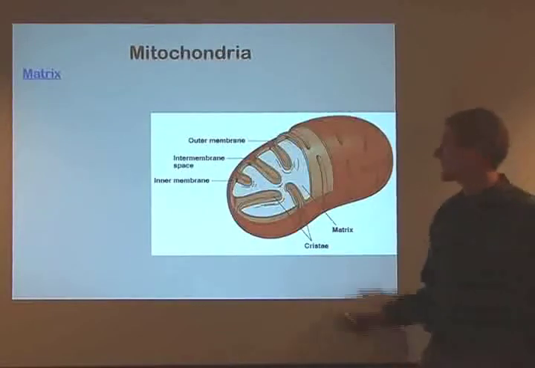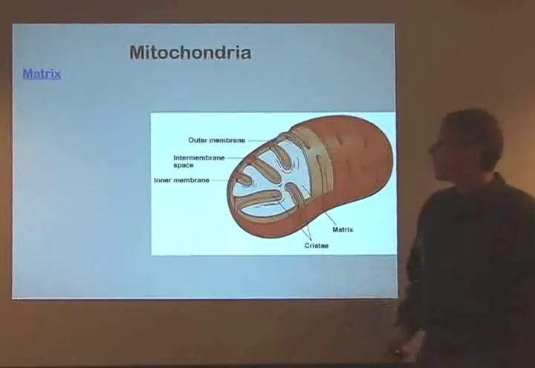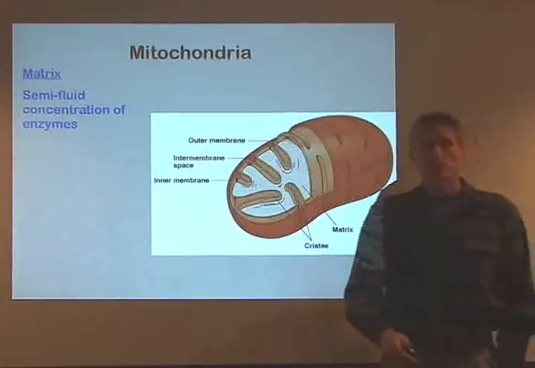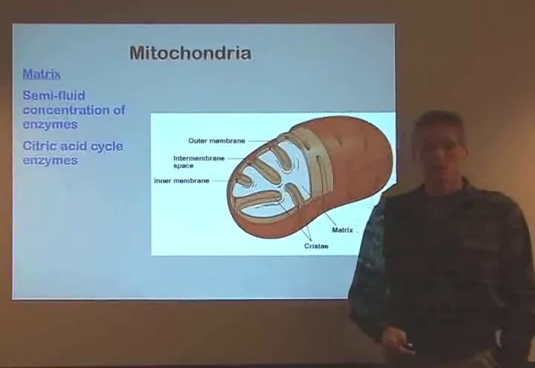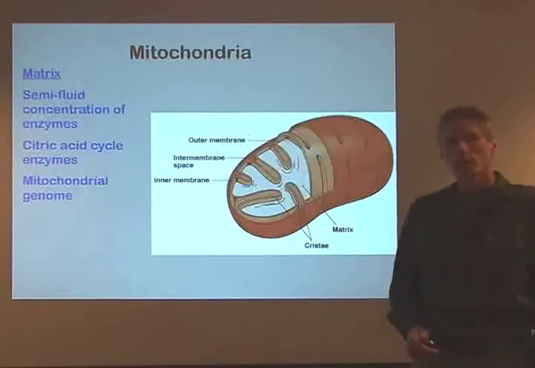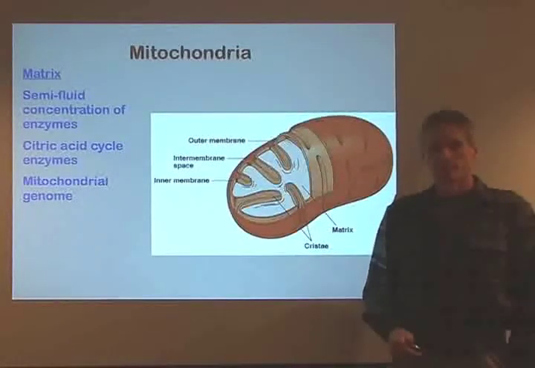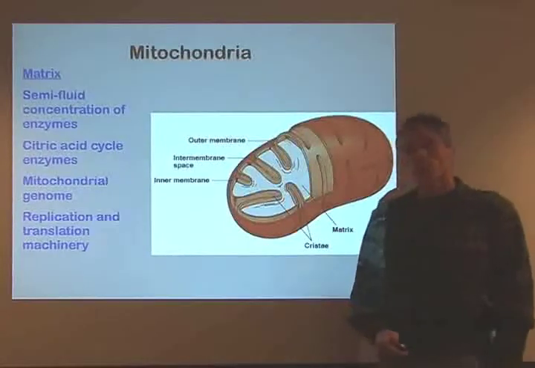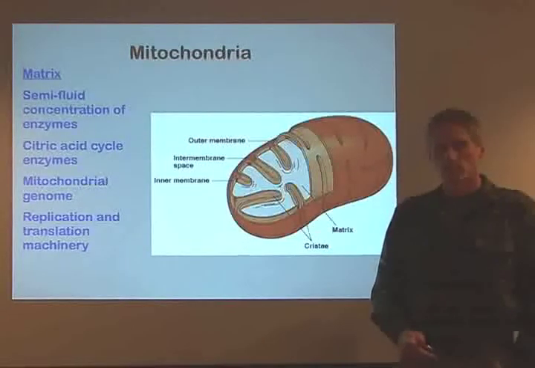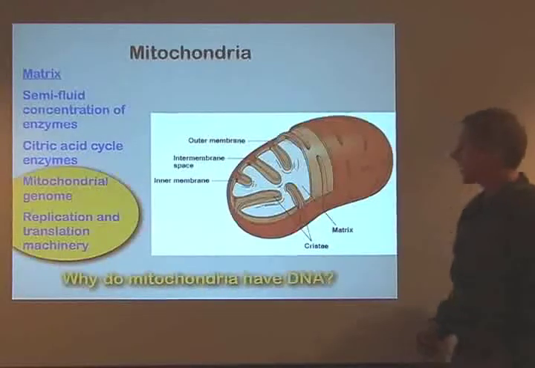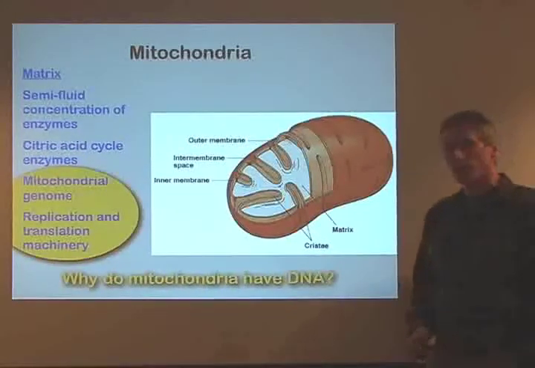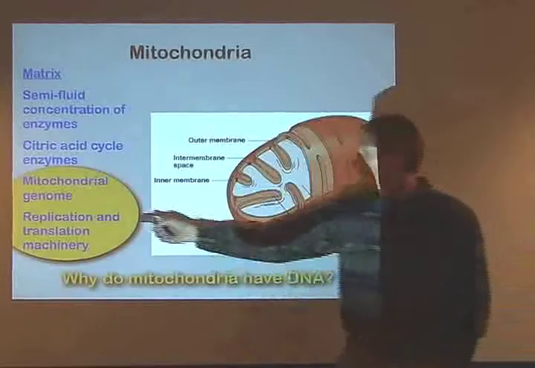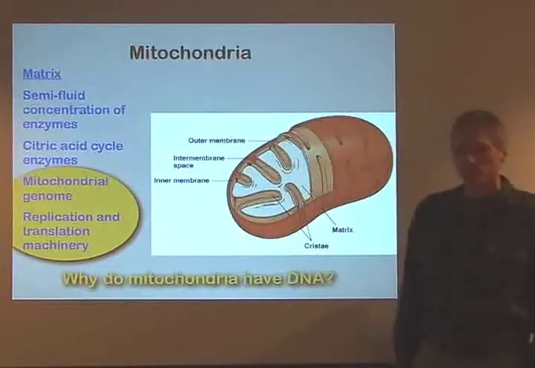The matrix, that's the inside. That's where it has a bunch of enzymes that are used in the TCA cycle, or the citric acid cycle. And it also has the mitochondrial genome, and it has replication and translation machinery. Why do mitochondria have DNA? Why do they have replication and translation machinery?